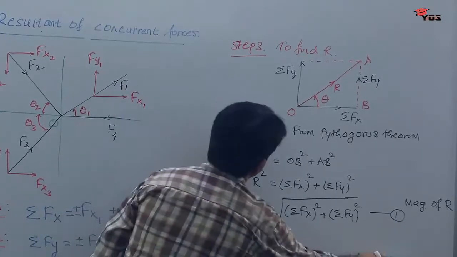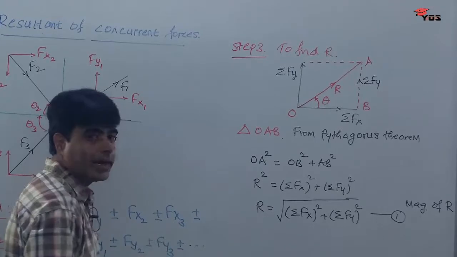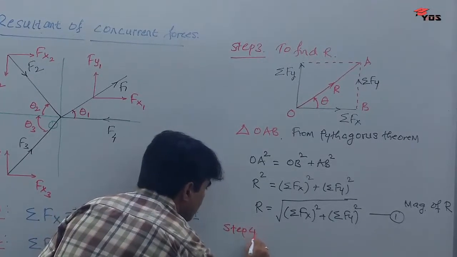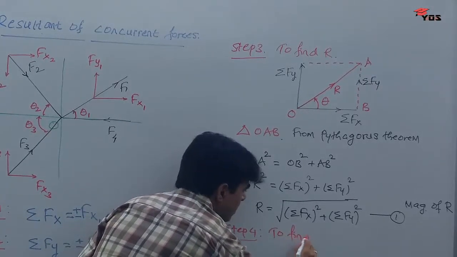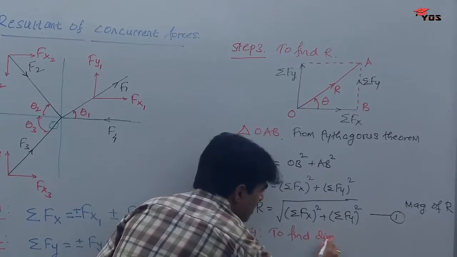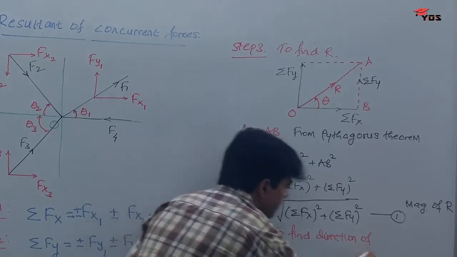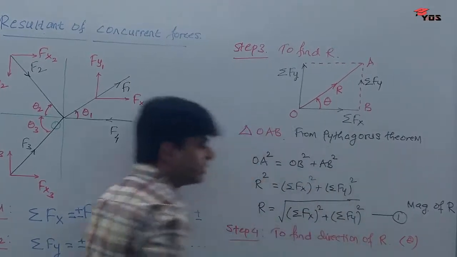Now in step 4, we will calculate direction. To find direction of resultant, that is theta.